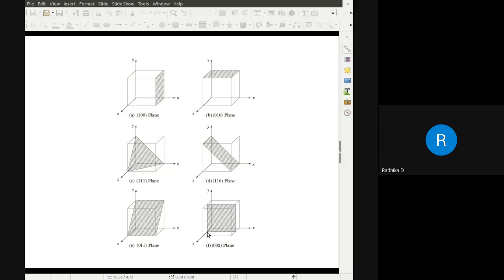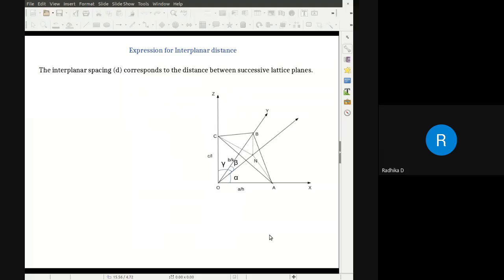So when you write the intercepts, for x it is infinity, for y it is infinity, Z-axis it is half, 1 by 2. Next job, find the reciprocal: 0, 0, 2. LCM 2. Multiply by 2, again 0, 0, 2. So this is a 0, 0, 2 plane.